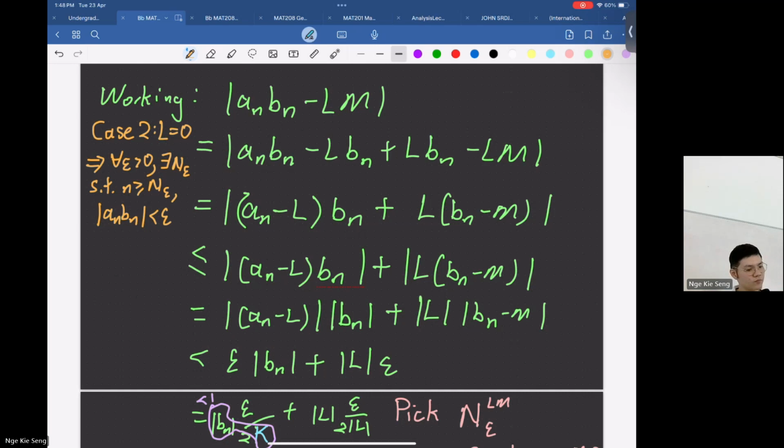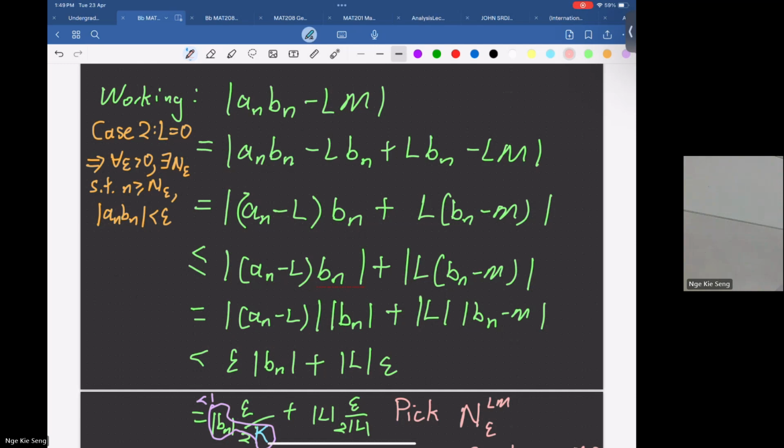Can we do this if L is going to be 0? Let's see, can we go easier? It should be easier, let me think. I think we should have easier stuff here.